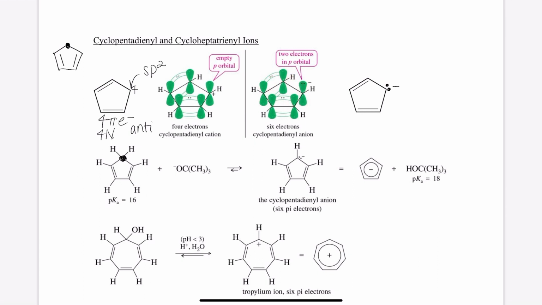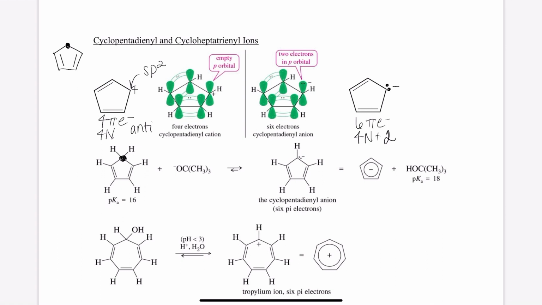So, because of that, if we count our pi electrons, we have 2, 4, and then our lone pair, which is going to be in a p orbital, 6 pi electrons over here. This is going to follow our 4n plus 2 Huckel rule whenever n is 1.